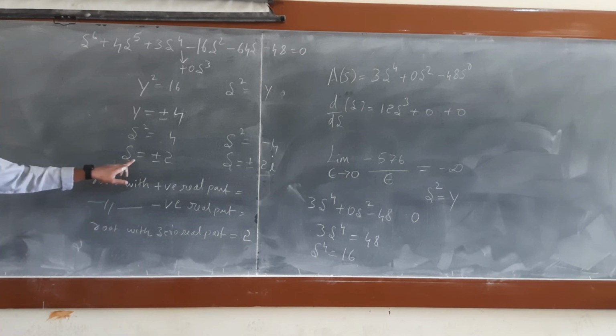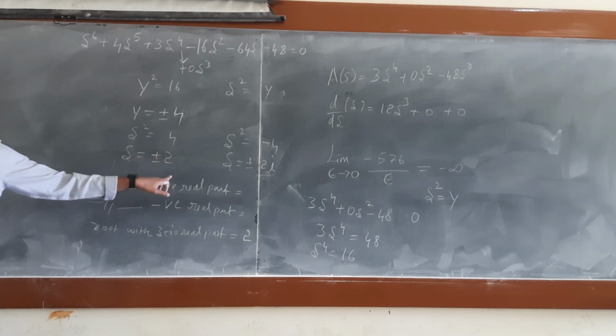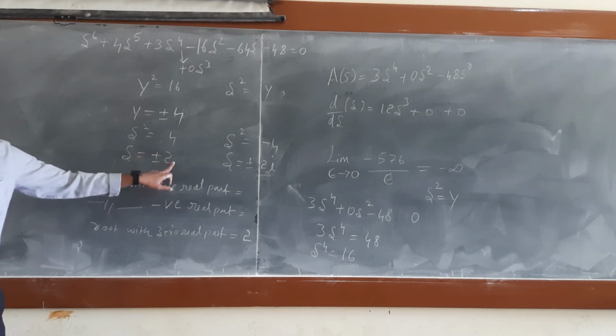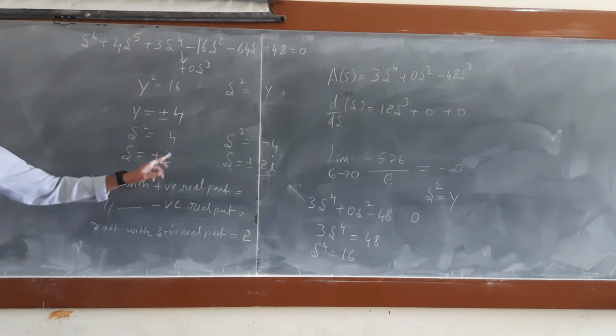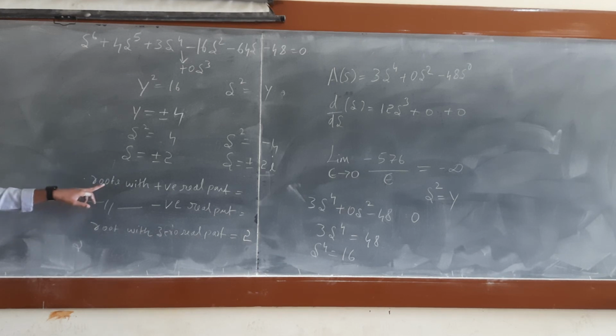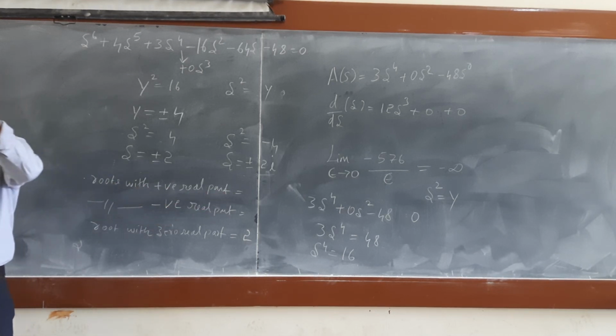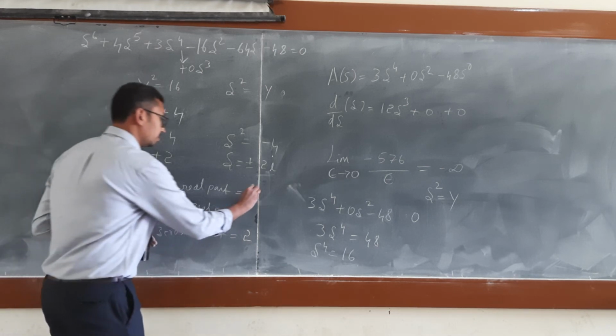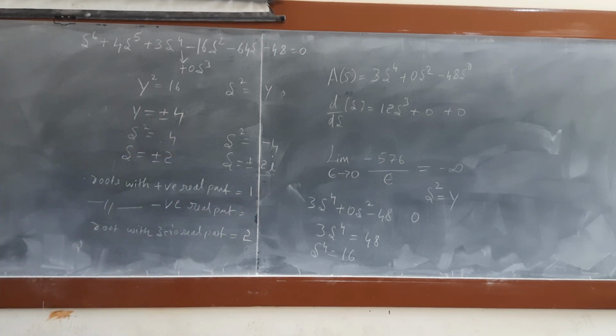Okay, so here I got s is equal to plus or minus 2, right? So s is equal to plus 2. So that means one root with positive real part. Correct?